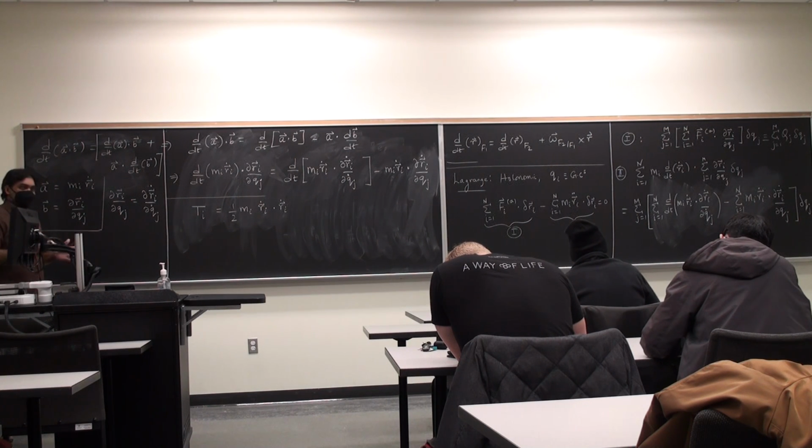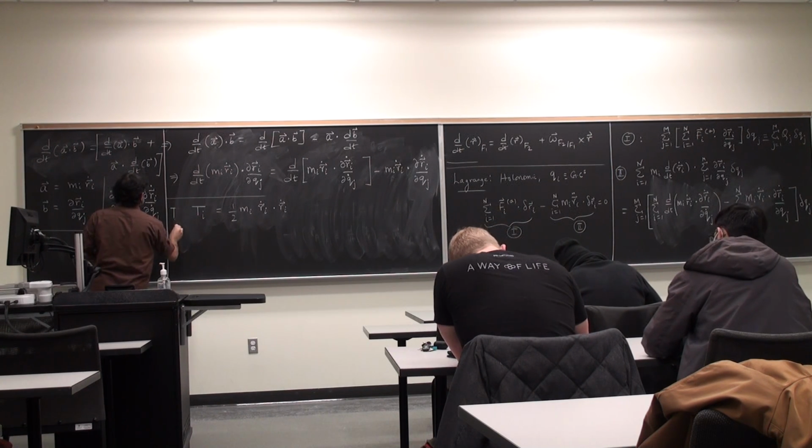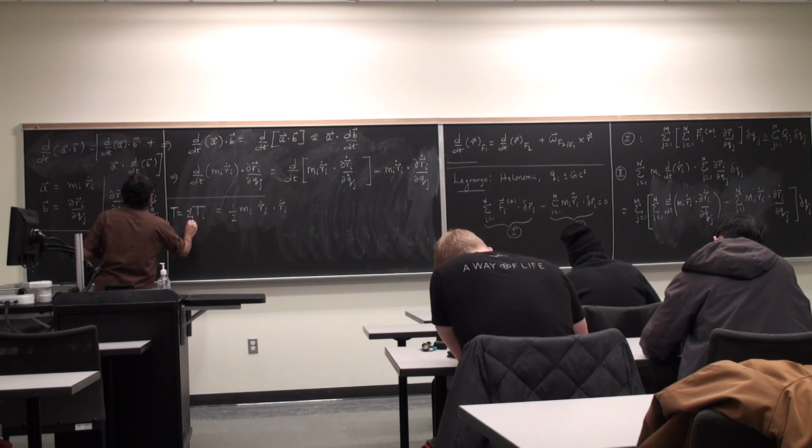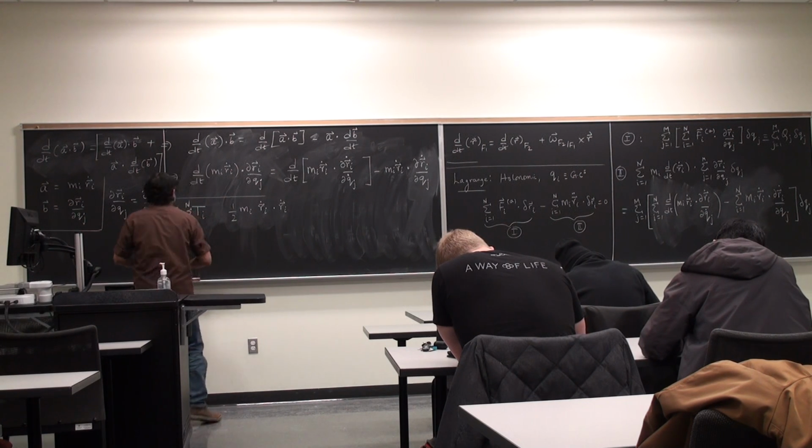We are looking at a system of particles, so I'm going to sum up all the kinetic energies and say, okay, the total kinetic energy of the system is the sum of all of these.